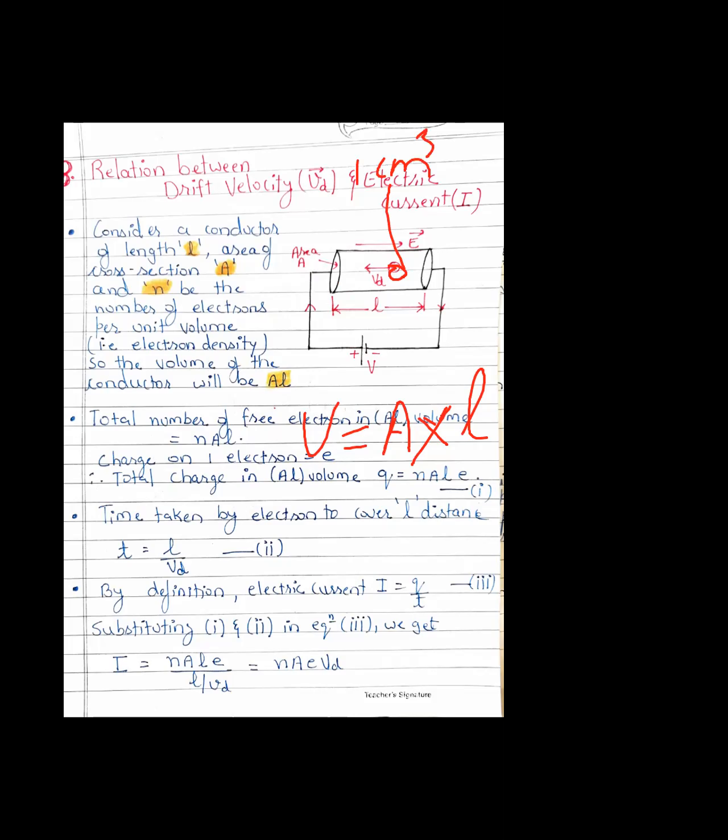In unit volume, there are n electrons. The total volume, as we just did, is AL.